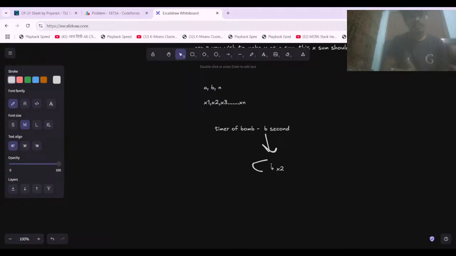So I have to take the minimum of this value and a. That means if c plus x2 gives me a value larger than a, I will stick to a. The timer is not going to show a value above a.